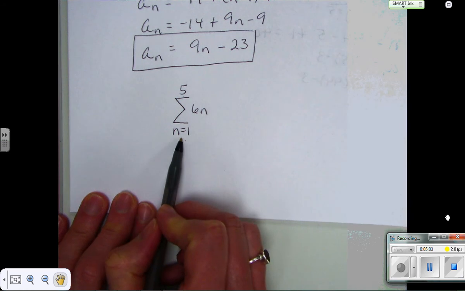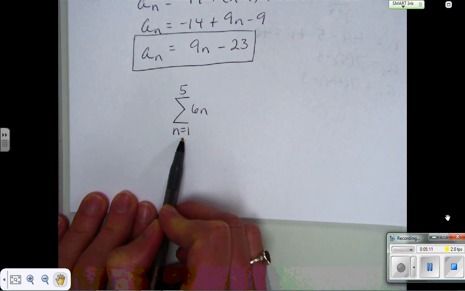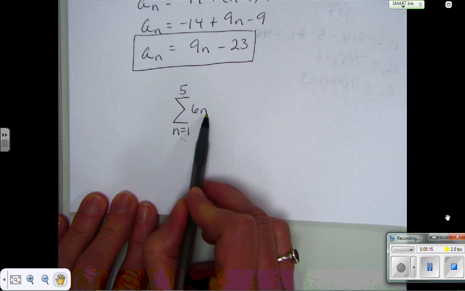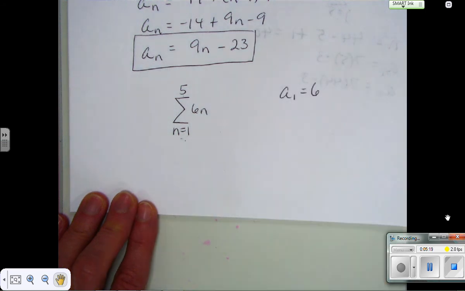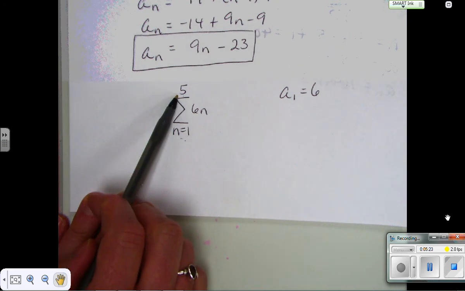So what this means is the bottom number tells you what number you start with. So this is saying that you're starting with the first number in the series. The way you get the first number in the series is by substituting this 1 in for the n. So your a sub 1 is going to be 6. Okay, the number on top tells you what you want to stop at.